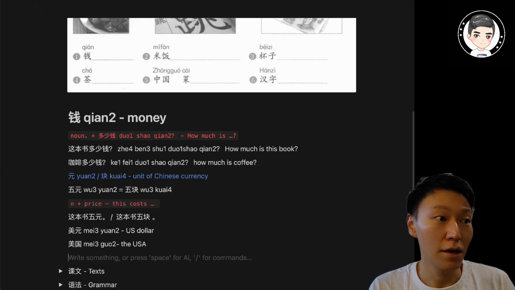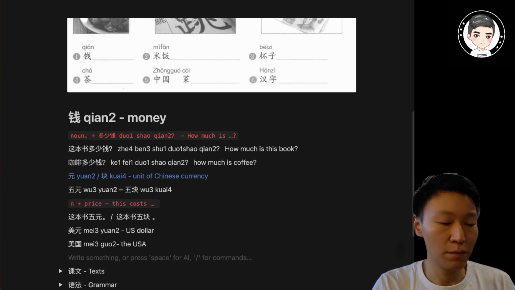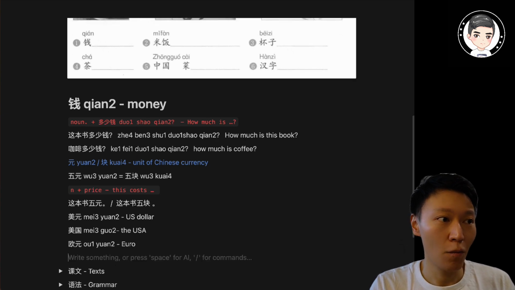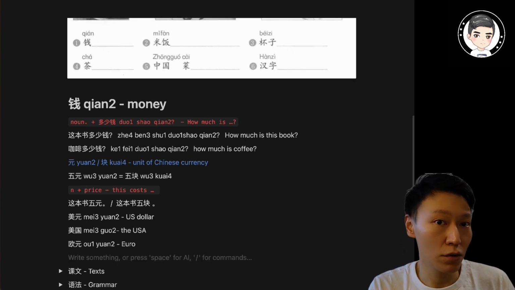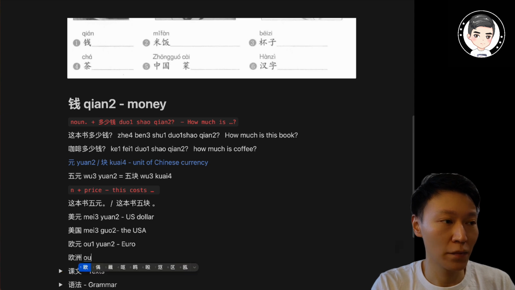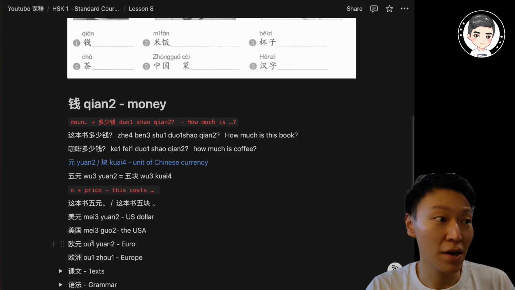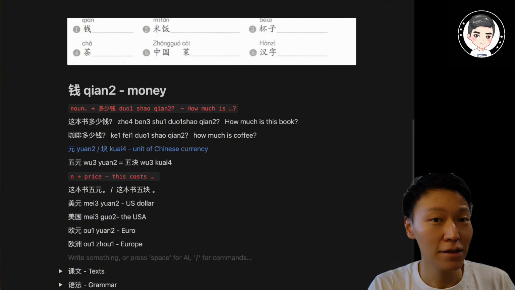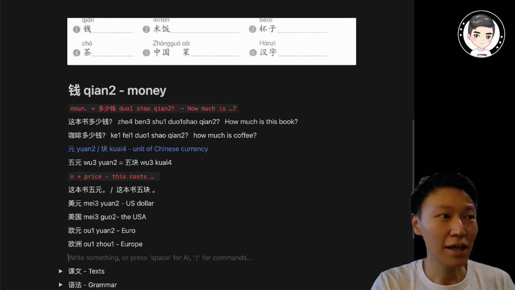Another popular currency would be 欧元. That is Europe. Why is euro 欧元? Because Europe is 欧洲. So this is the money of Europe. That is why euro is 欧元. And another one is 英镑.